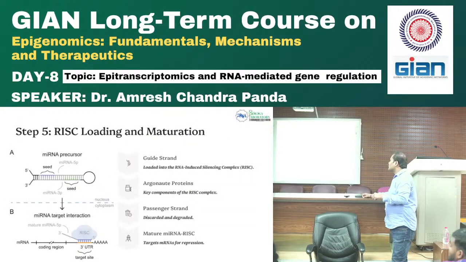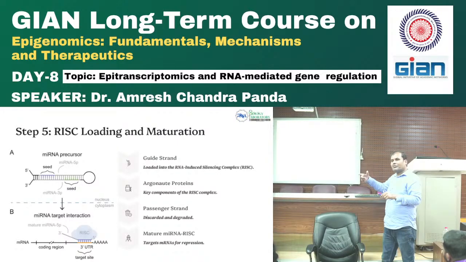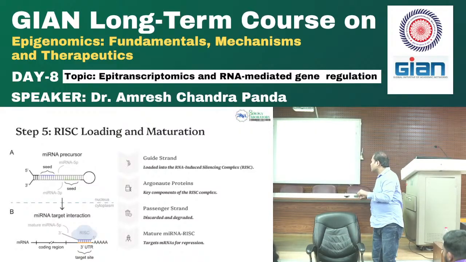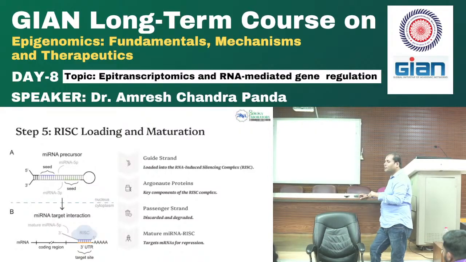Based on the 5p or the 3p, they have seed sequences. Seed sequences are at the 5 prime end of the microRNA, which can target the target mRNA, mostly in the 3 prime UTR, and with the RISC complex the seed sequence binds.